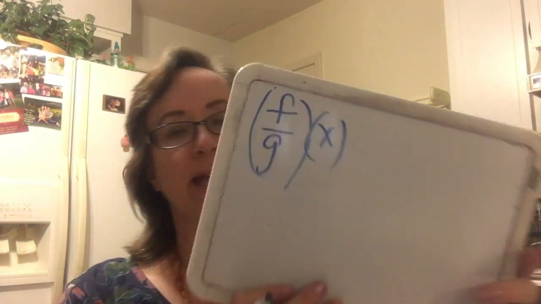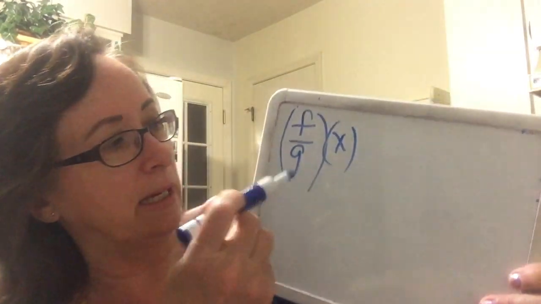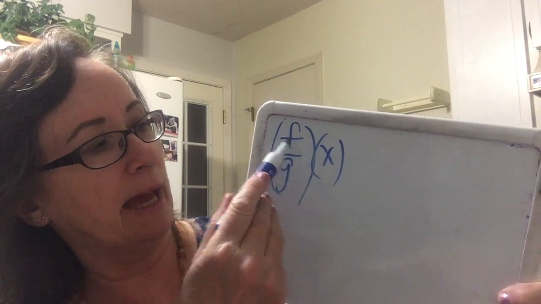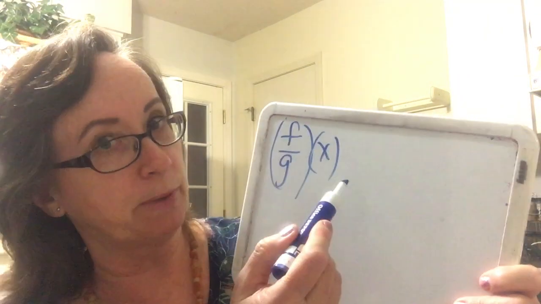Okay, then in our lesson, we moved into just a little bit of notation. Our function notation for division is f over g of x. And remember, that notation does not mean that the f over g is multiplied by x.